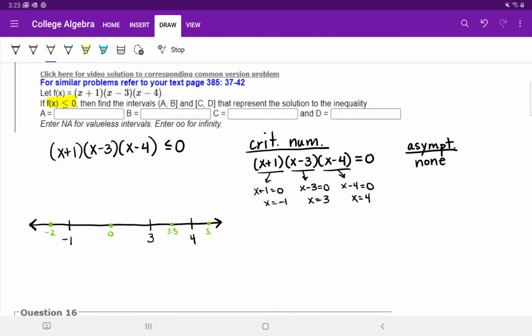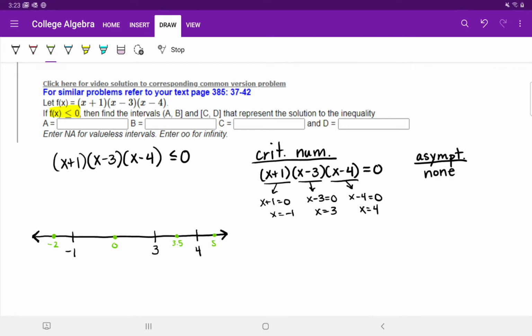Now it's time to plug in our test points to test for whether our function is less than or equal to 0 at these points. So we'll plug in negative 2 plus 1. We're testing our first point, negative 2. Times negative 2 minus 3 times negative 2 minus 4. And is that less than or equal to 0?